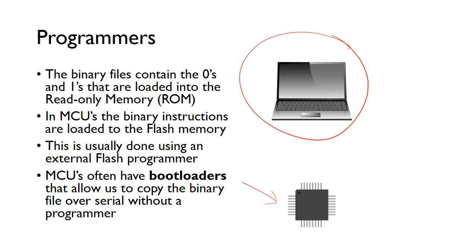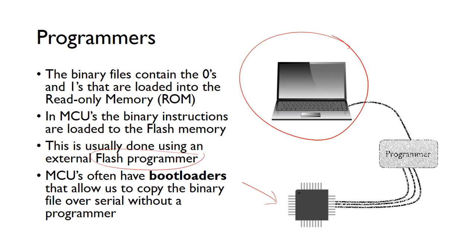Then we need to get it inside the memory here, and we do that using an external flash programmer. This is an external device that you connect, typically via USB, to the PC. So you'll end up with your .bin file here, and then using the programmer, this will get the raw ones and zeros into the memory of the microcontroller.